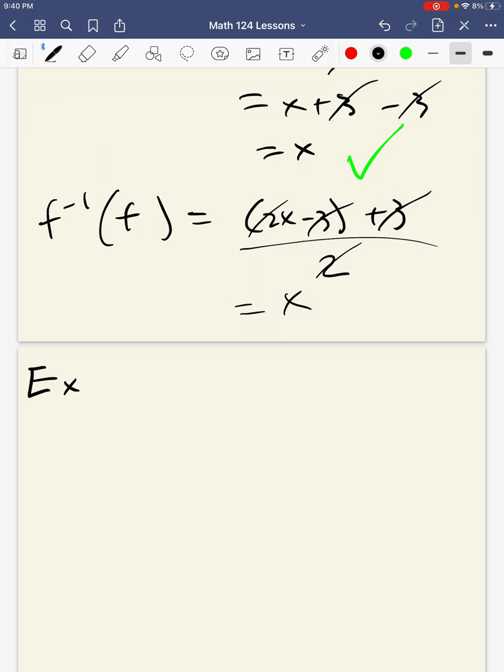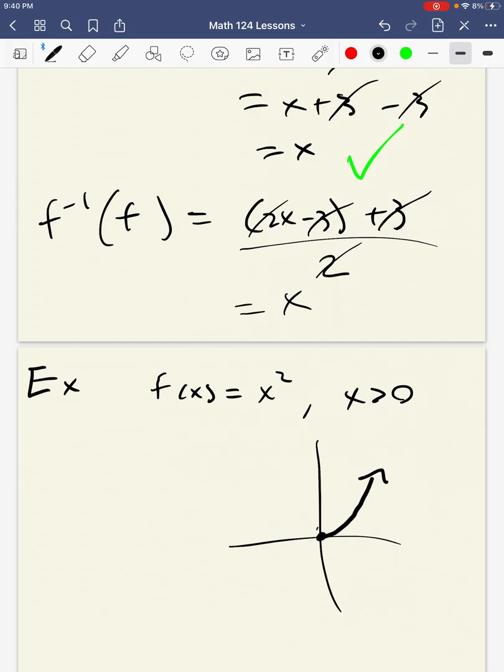Well, let's think about this function here. Let's do f of x equals x squared, but just for x greater than 0. So this is a function that looks like this, x greater than or equal to 0, just like that.